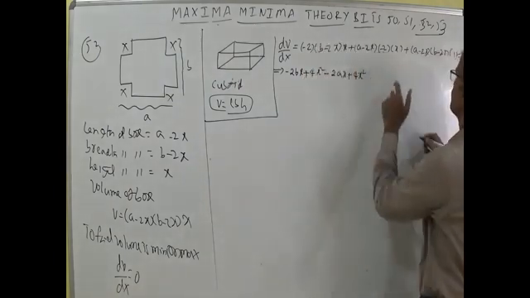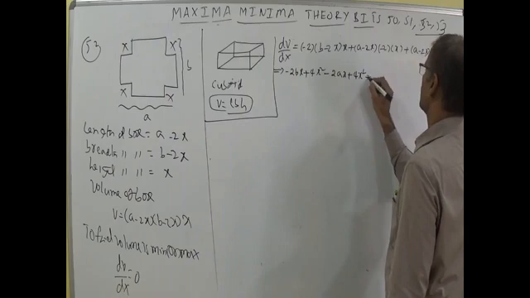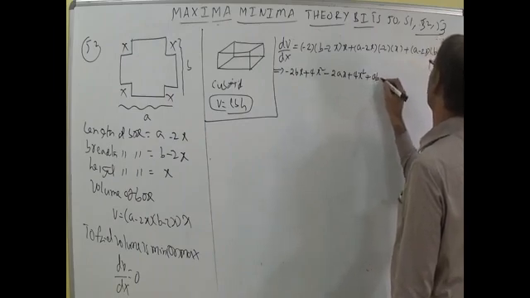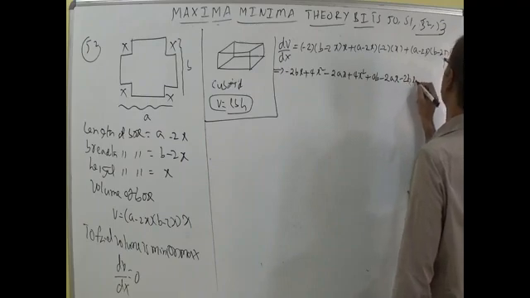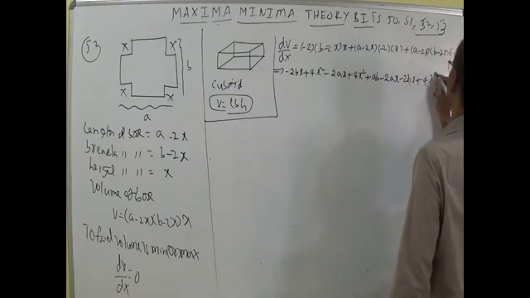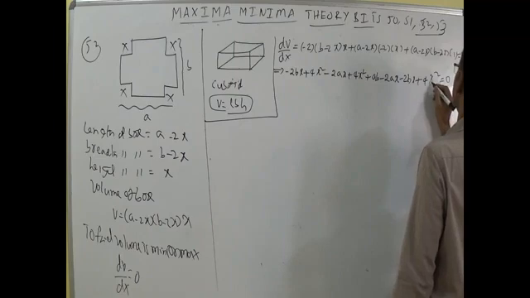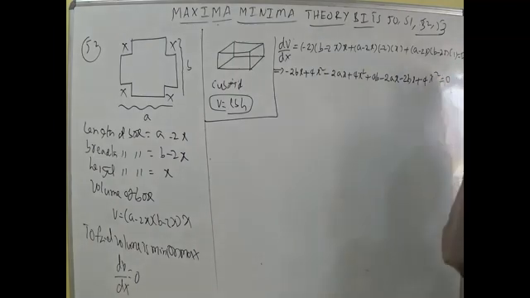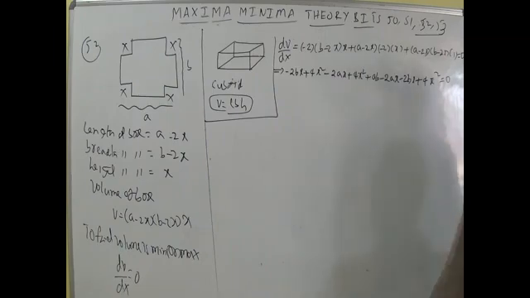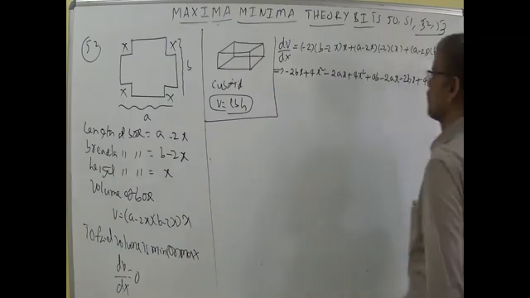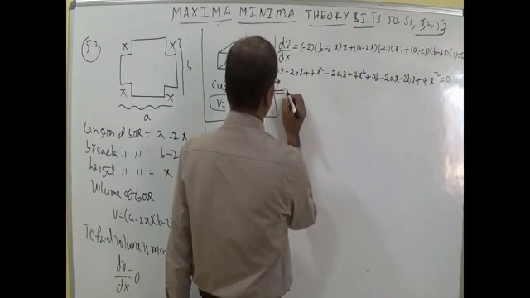Minus 2ax, minus of minus is plus 4x square. Next, ab minus 2ax minus 2bx plus 4x square equal to 0. Total x square terms: how many x square terms are there? 4x square, 4x square, 4x square. Total 12x square.